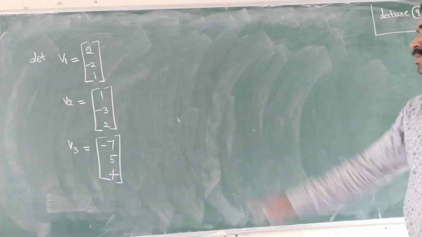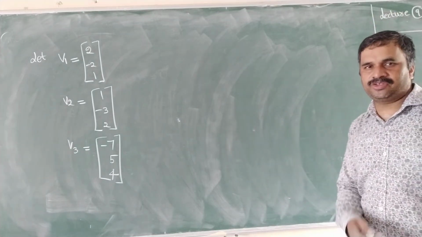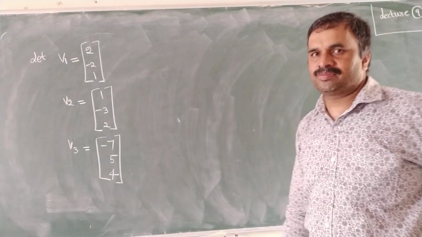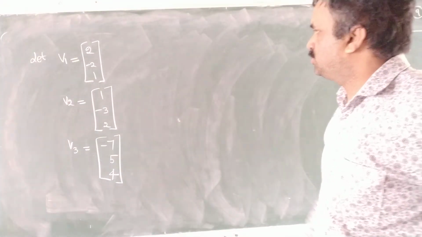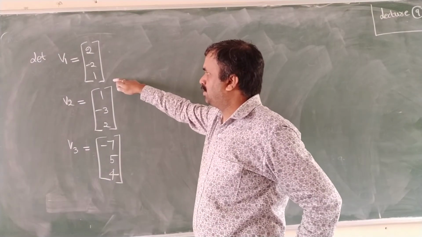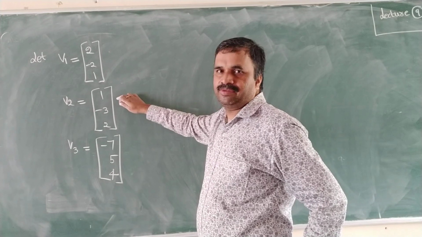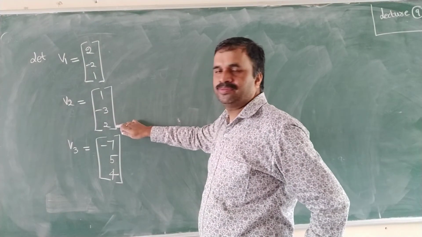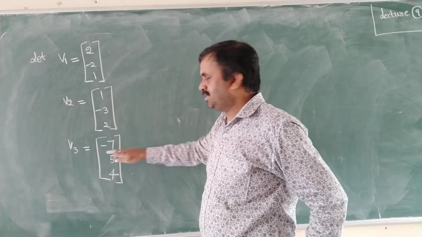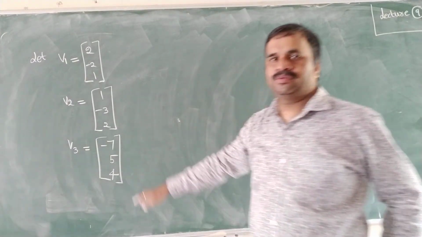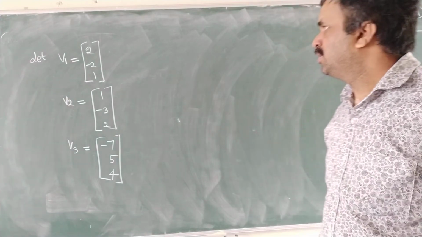Next question, write the question. Let V1 equal to 2, minus 2, 1. V2 equal to 1, minus 3, 2. V3 equal to minus 7, 5, 4.